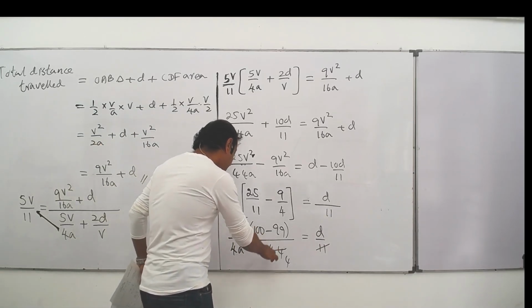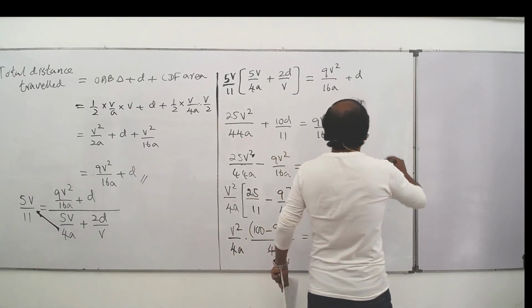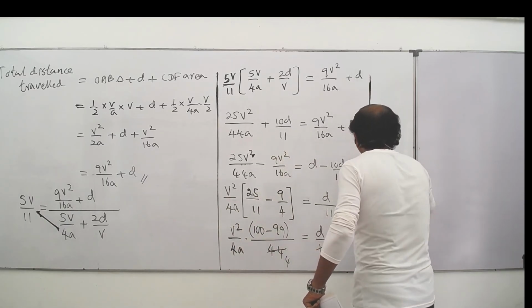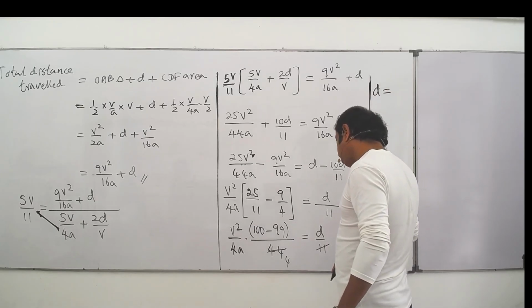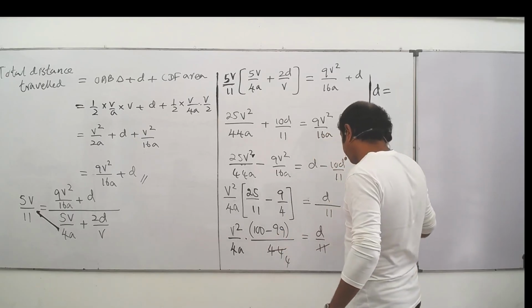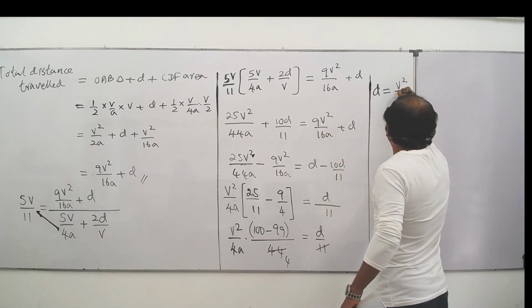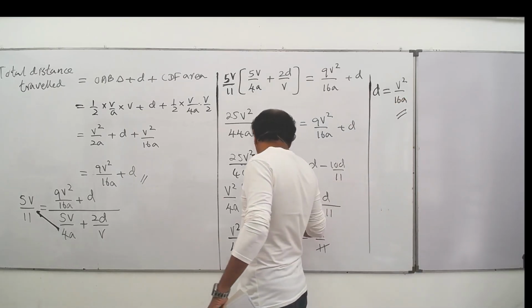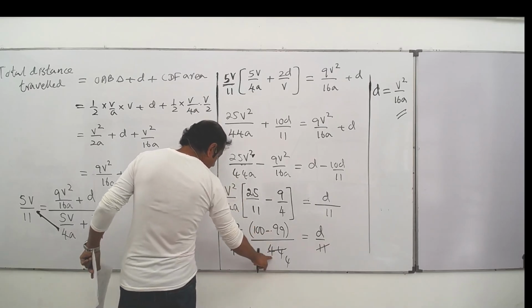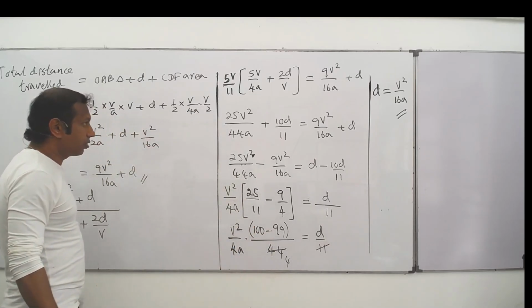Then here 100 minus 99 is 1. We get D equals V squared over 16A. V squared over 16A is the answer, right.